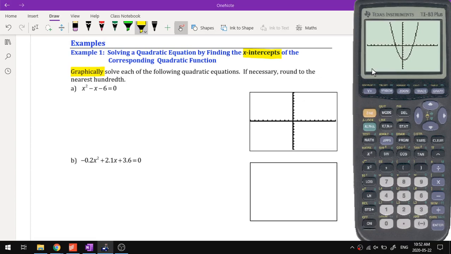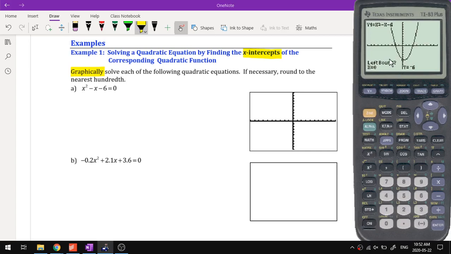And our graphing calculator can help us find those points by pressing second and trace. And then we're looking for option number 2. So 0 means that the y-coordinate is 0, which it is at the x-intercept. On the x-axis, the y-coordinate is 0. So we're choosing option 2.